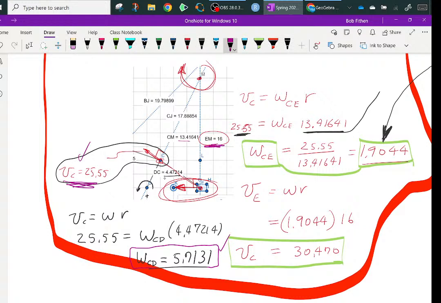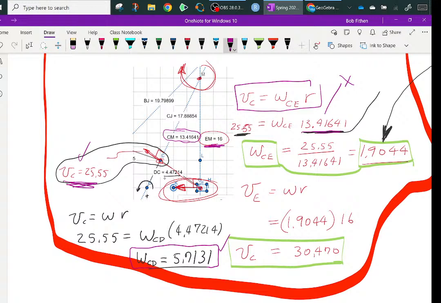So if we look at this as being this, the omega CE, that's the key. Oh, wait a minute. Okay, 25 omega CE. Wait a minute. I think, okay, so let's see. 13.4.